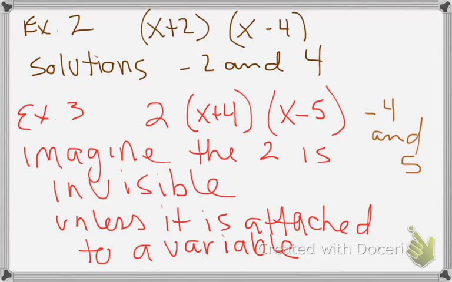Waiting for Chris. You almost got it, Chris? What example are we on? 4. Are you sure? Well, 4, we just did 3. On 4.